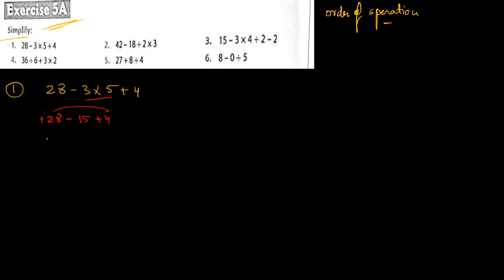So 28 plus 4 is what? 32. Now 32 minus 15. What is the value of 32 minus 15? 17. Okay, so the right answer is 17. In the same way, let us do the next question.